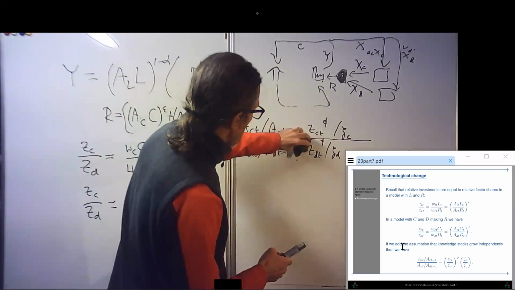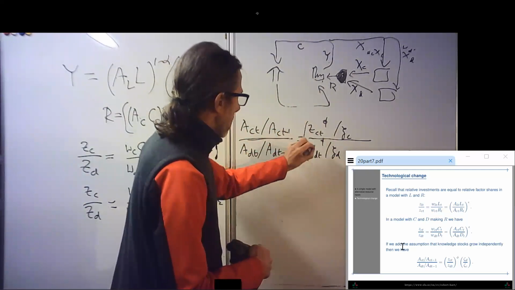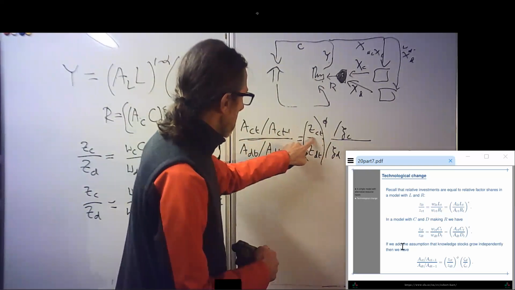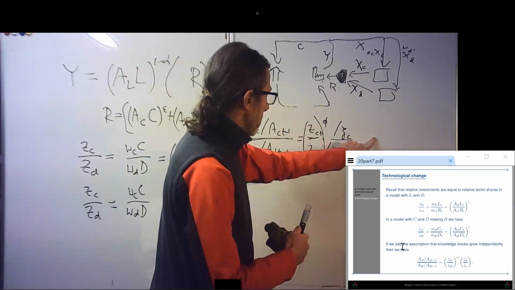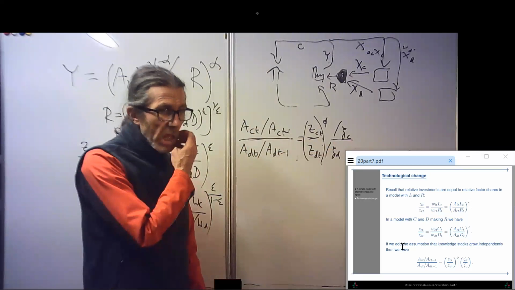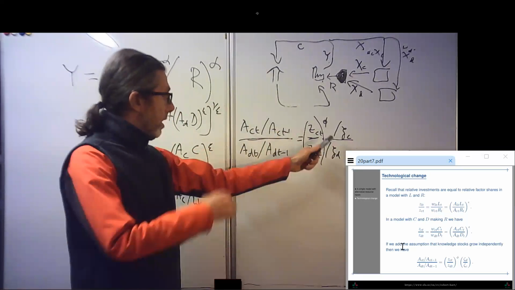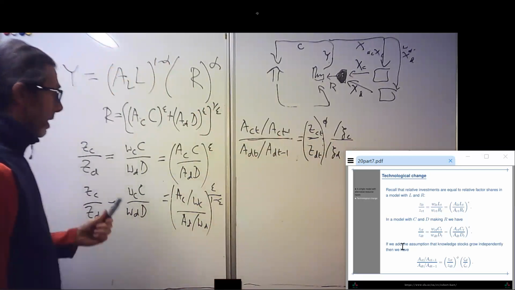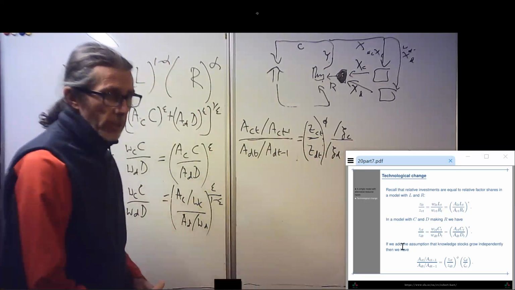We get this, which is what we've got in the notes. And where does this take us? If this is the case, then clearly we're not going to get a stable equilibrium.